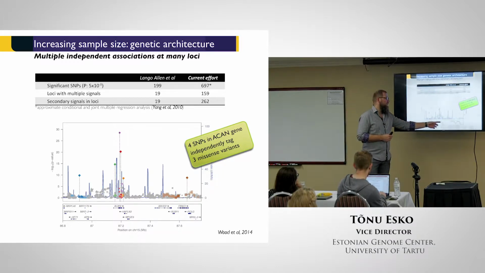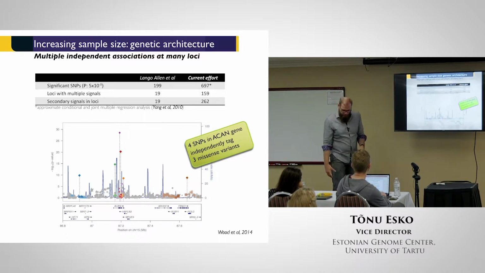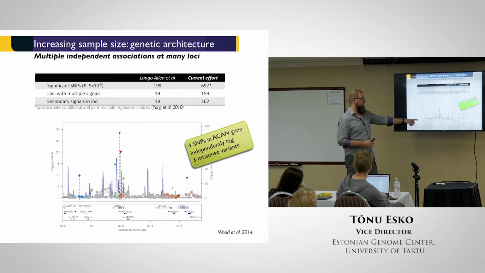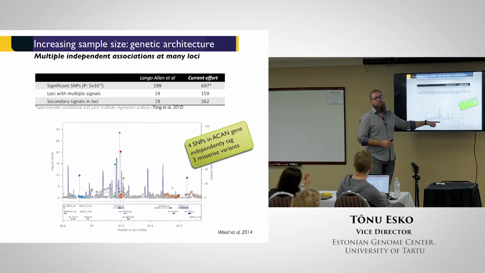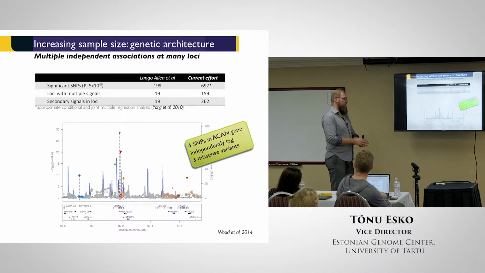This ACAN gene is, for example, very important in cartilage development. The actor Danny DeVito is very short, and he's short because his body is okay, but his legs are very short. This gene is not functional in his genome, and that's why the bones couldn't grow, because the cartilage is very stiff.